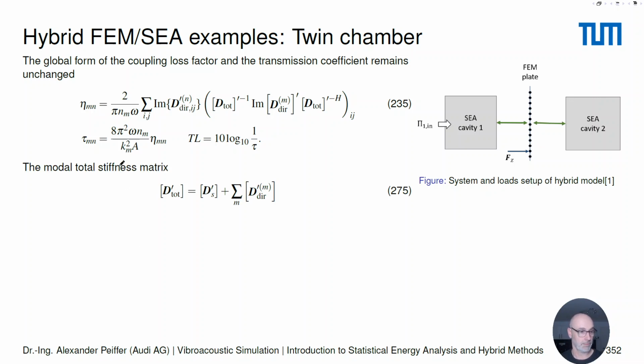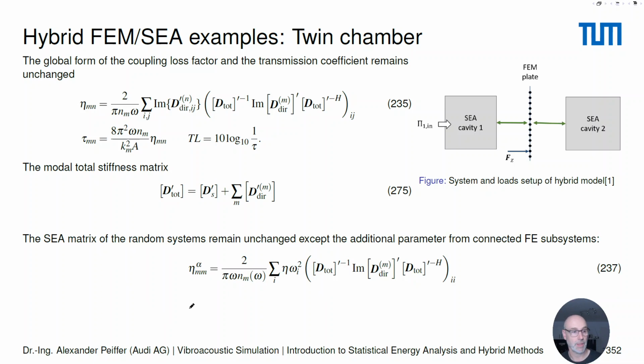The total modal radiation stiffness is a combination of the two direct field stiffness matrices and the structural stiffness matrix in the diagonal modal form. There will be an additional term which comes from the damping in the connected FE subsystem, leading to an extra damping in our SEA.